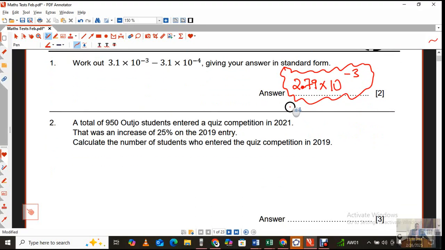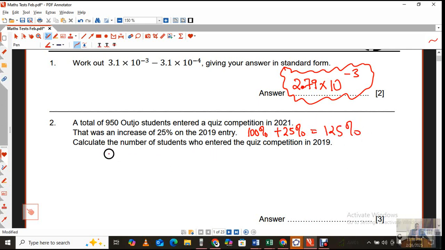A total of 950 students entered the course competition in 2021. They are saying that was an increase of 25%. An increase of a certain percentage means that whatever it was, add a 25% increase, which is 125%.